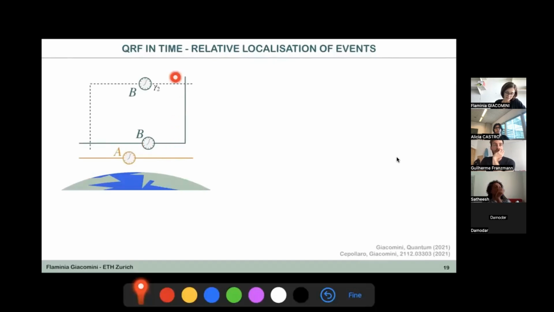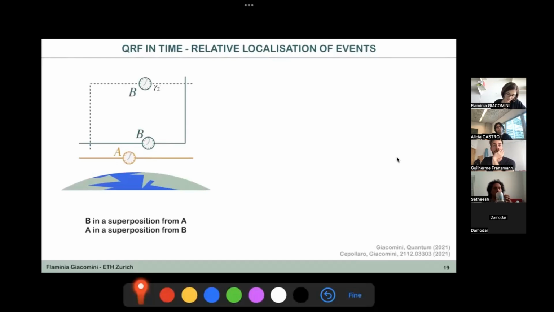And then you have another clock that goes in a quantum superposition of two paths. Now, one thing that you can check is that when the time of this clock is well defined, we have seen already that there is a reduction of visibility for a clock inside an interferometer in a superposition at different heights in the Newton potential.